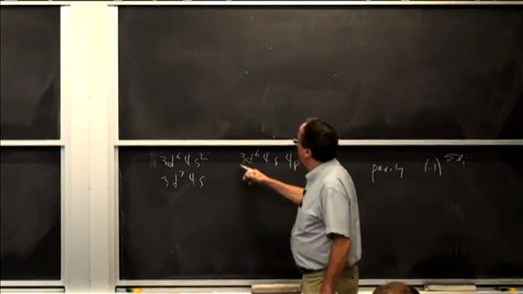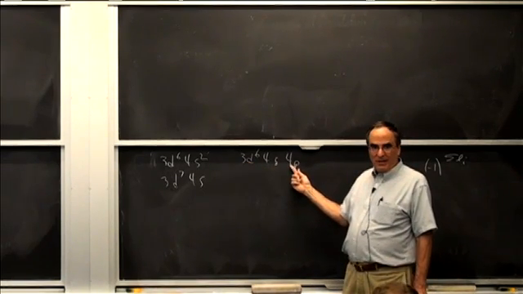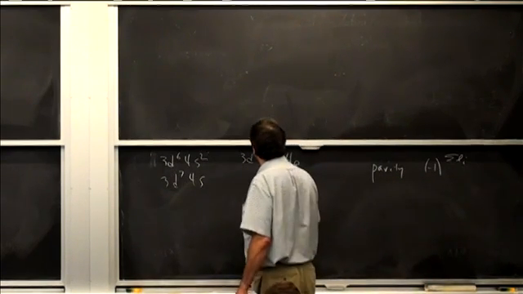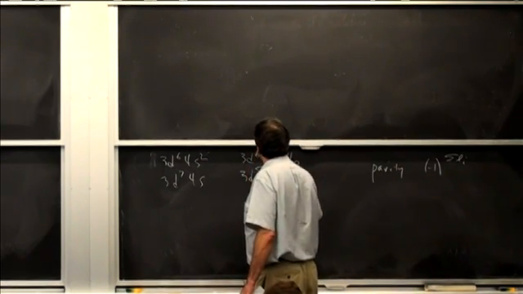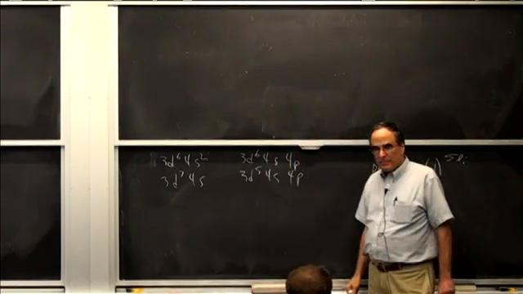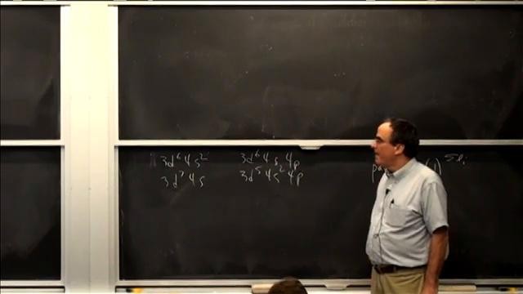Okay, so one way to have odd parity is to have a p electron. And so we could imagine having 3d5 4s 4p as well. 4s2, yes.